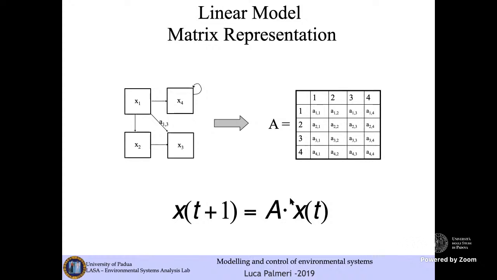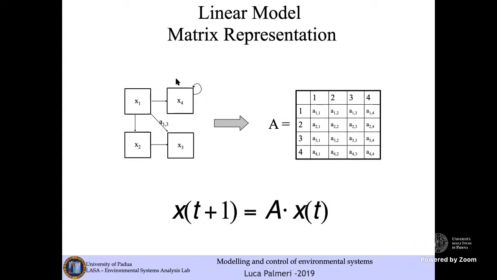I hope this is not particularly new for you because I'm sure you have seen this way of describing evolutive systems in several contexts. And the point is that this description is very powerful in terms, for example, of computational easiness.